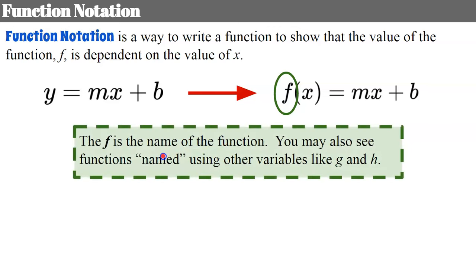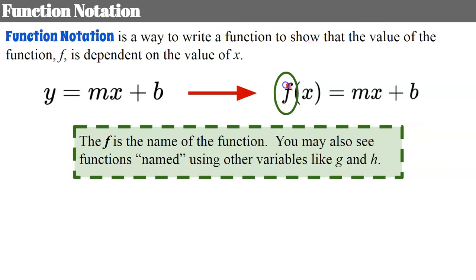So think about you have a first name and it differentiates you from your friends or your family members. So when we have multiple lines or multiple functions, we can name them so that we can determine which function we're talking about. So we name this function f, and that's the common name for a function.